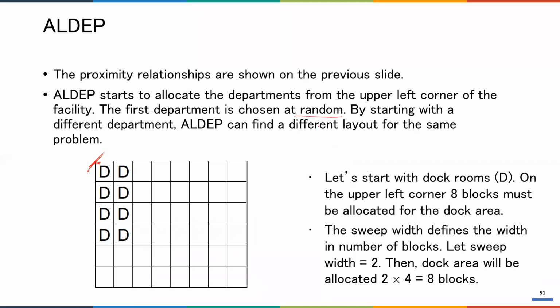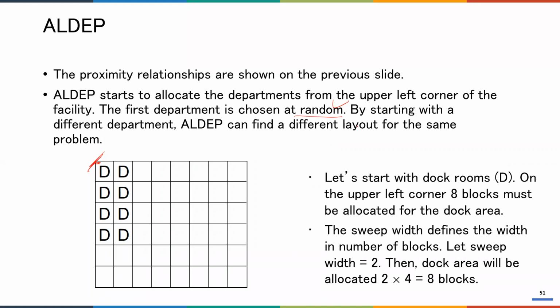So you can choose any department you want to start the layout. However, this becomes a kind of disadvantage for ALDEP because we choose the department randomly for the initial one. There will be several alternatives for layout.